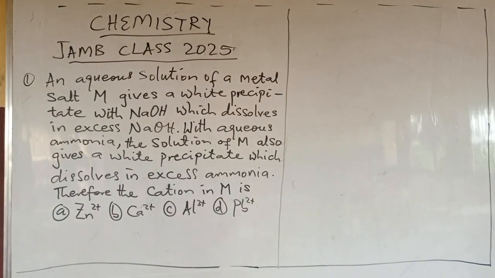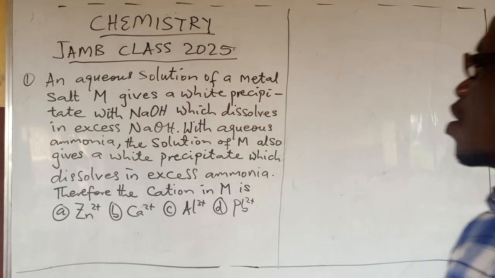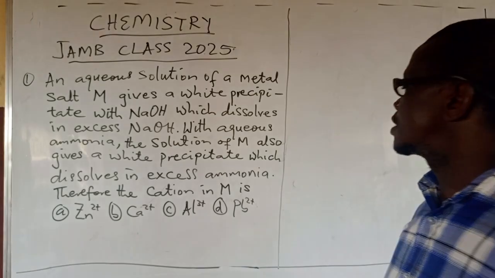An aqueous solution of a metal salt M gives a white precipitate with sodium hydroxide which dissolves in excess sodium hydroxide. With aqueous ammonia, the solution of M also gives a white precipitate which dissolves in excess ammonia.